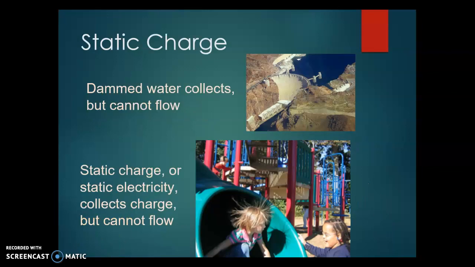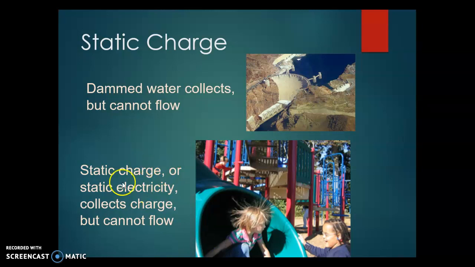Okay. So this is a great example of electrical buildup. So just like how dammed water collects and cannot flow, this water is just collecting here. That's why you can see different water levels down here and up here. Electricity can do the same thing. It can collect into one place, but cannot flow. The best example of that is that maybe you had a balloon and you rubbed it against your head and you had the hair standing up.